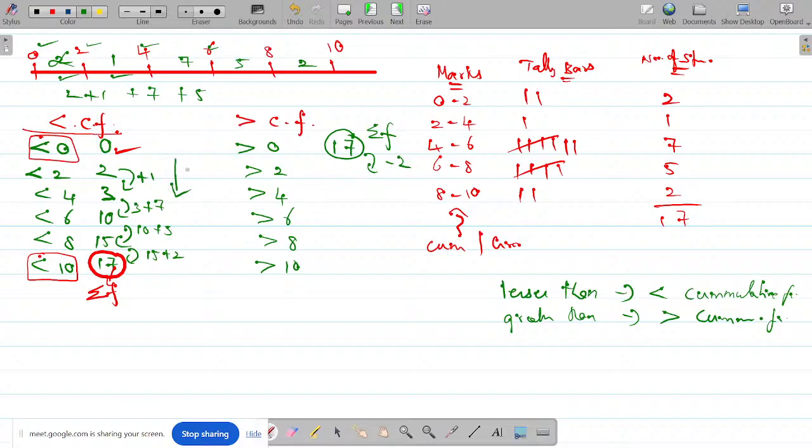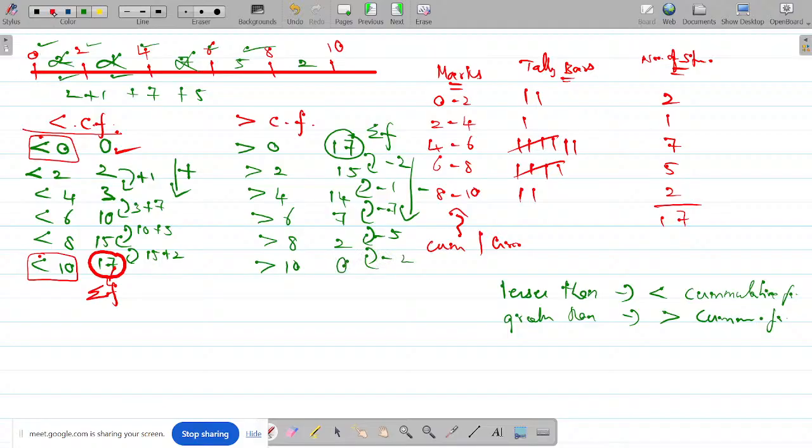Here you will go for step by step addition. Here you go for step by step reducing, subtraction. So this is 15, greater than 4. From this 15, you have to remove this 1. Yes, 14. From this 14, greater than 6. You cannot take 7 now. So minus 7 is greater than 8. Minus 5. So which is 2. Yes, minus 2, 0.